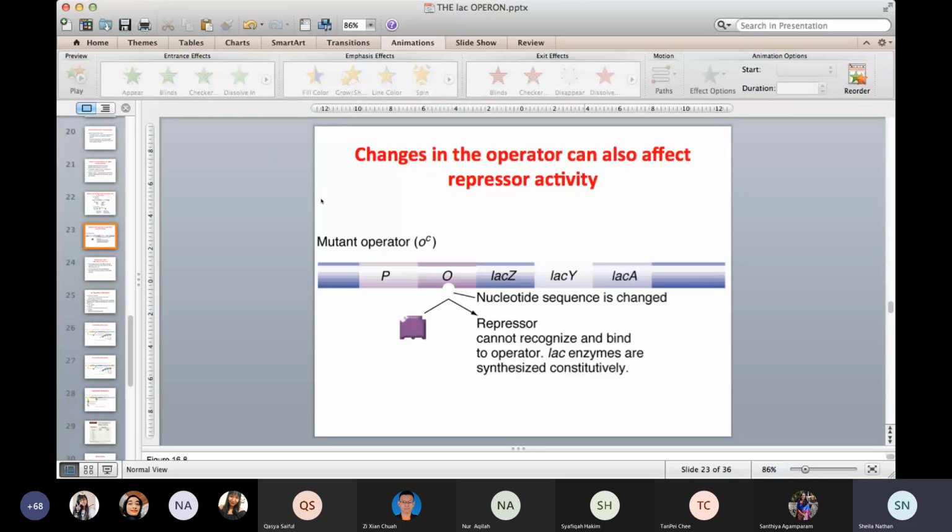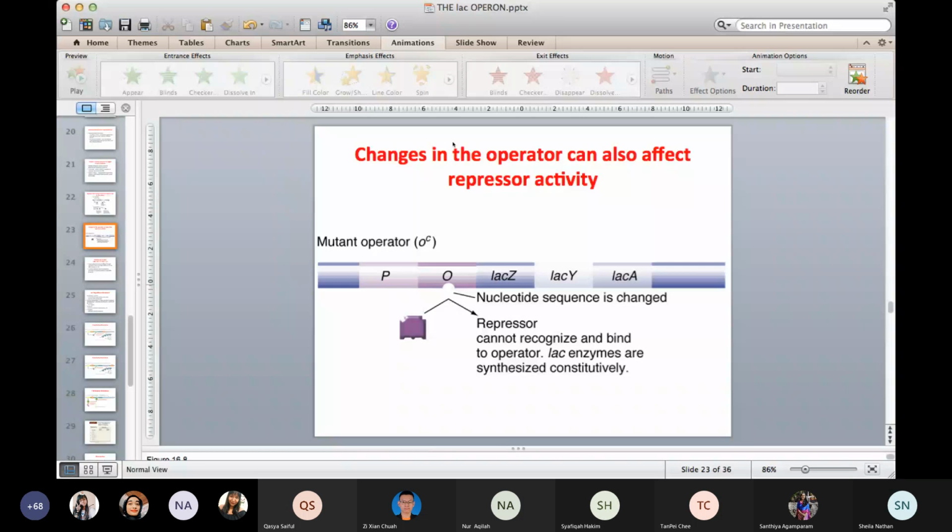So once again, this operon is going to be switched on constitutively. The effect is similar to a Lac-I mutant. The repressor cannot bind to the operator, so RNA polymerase can bind to the promoter all the time and switch on transcription all the time.